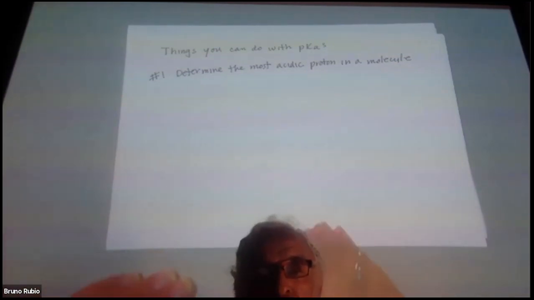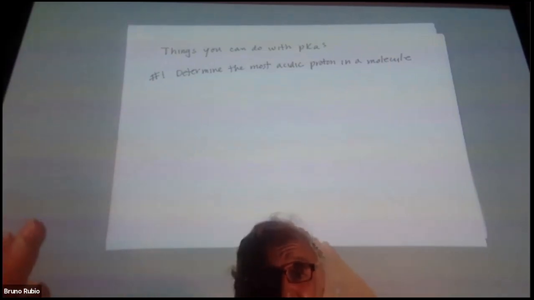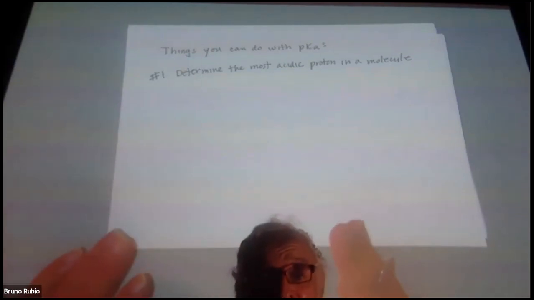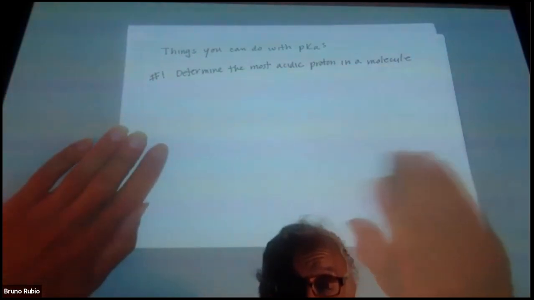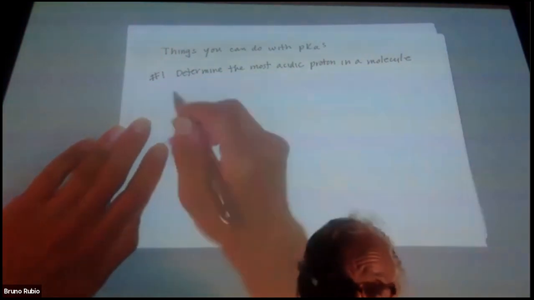The one that has the most negative pKa is going to be the most acidic proton in that molecule. And that proton, identified in that manner, will be the proton that will be removed first by a base. All right, so let's demonstrate finding the most acidic proton in a molecule.